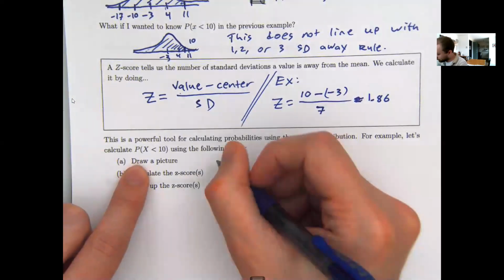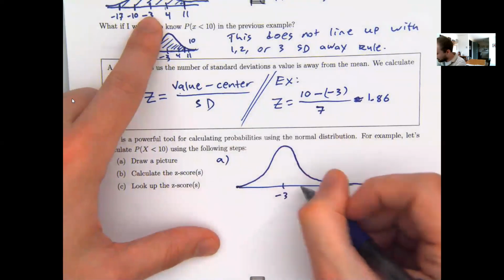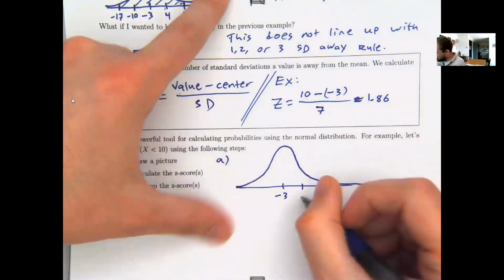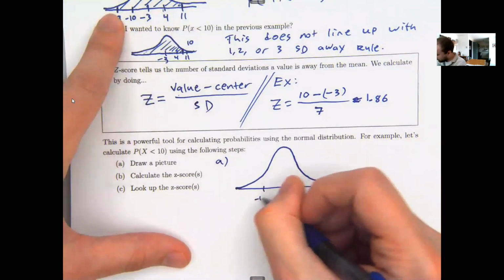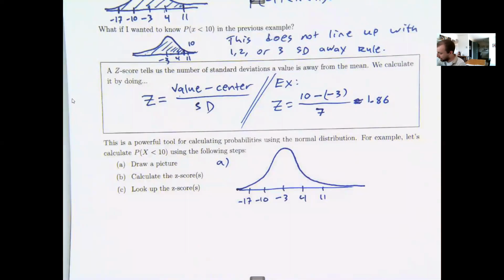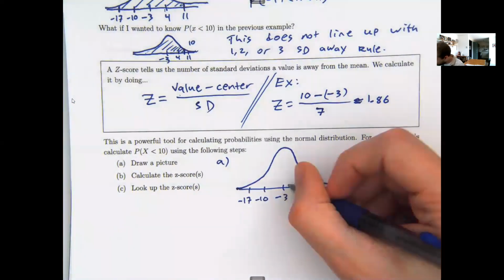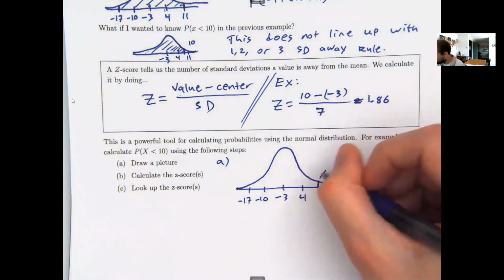So when I'm drawing the picture, I put the average in the center, -3. I'm counting by 7, so here I had 4 and 11. Here I had -10 and -17. The value that I care about is 10. That's 1.8, not quite 2 standard deviations away.